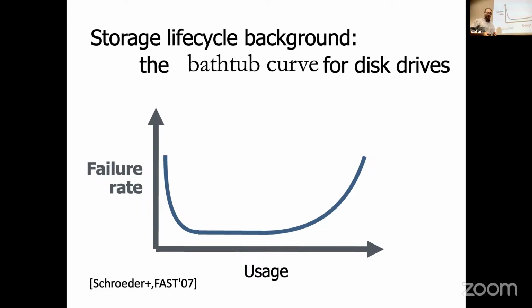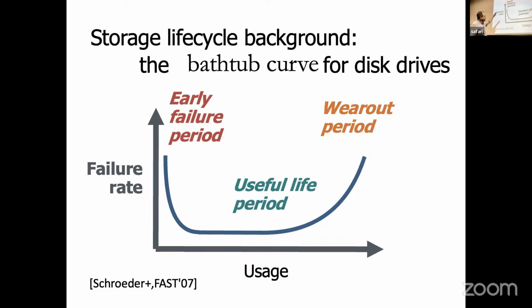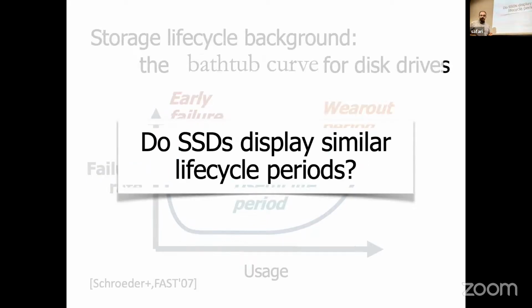But essentially what we are seeing here is that we have this early failure period, where some devices haven't been tested enough. As a result, you see they will fail a lot in the beginning. And once your device survives the early failure period, it is probably going to survive for a long time. So we have this useful life period in which you can use your system. But at some point, your device is going to age, and you're going to be in the wear out period where you will see the result.